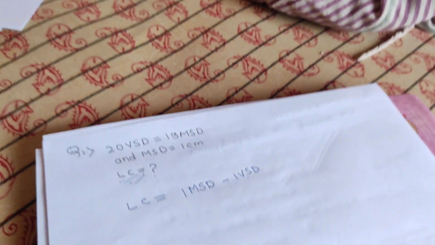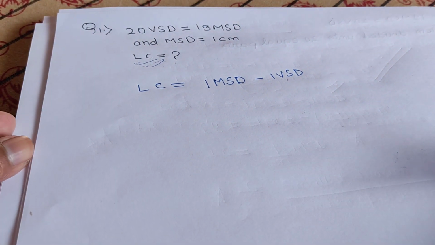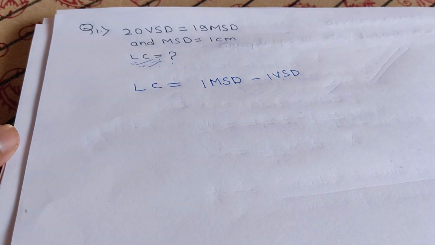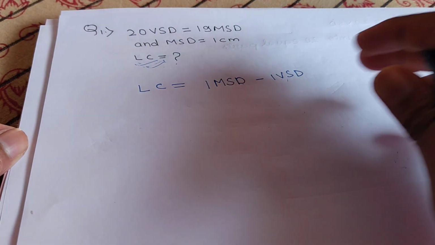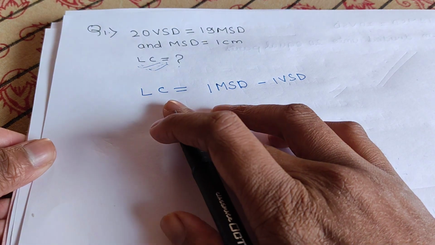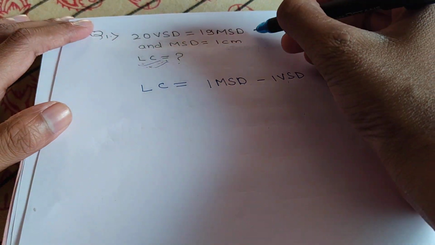Let me turn the camera for a clearer view. Okay, so it is clear. Let's go. For finding the least count, we have to deal with this.